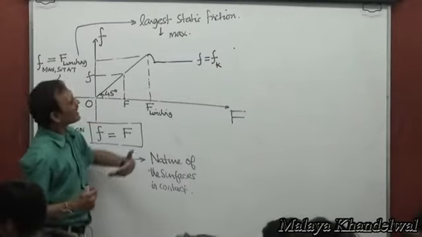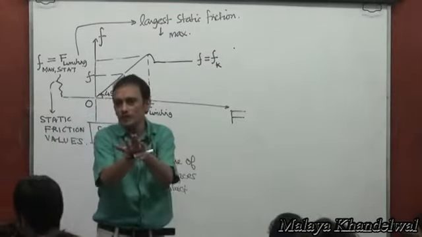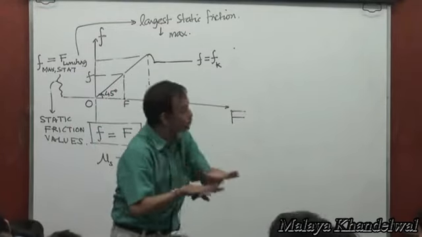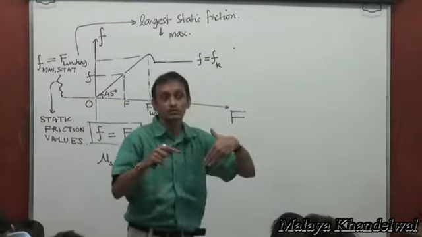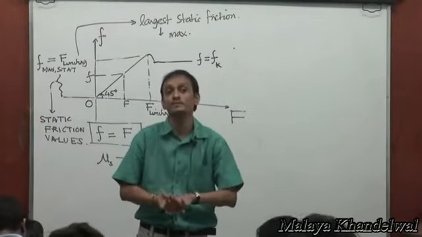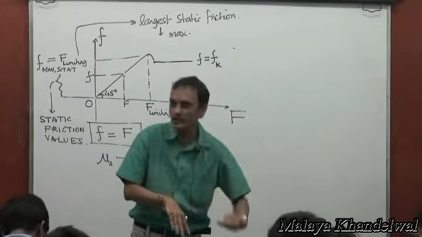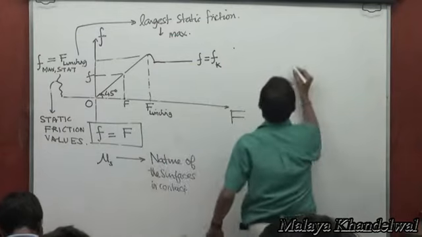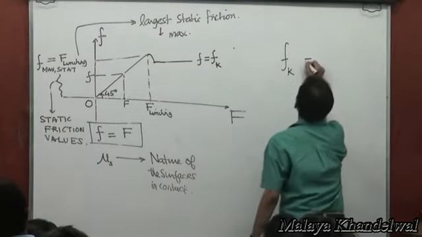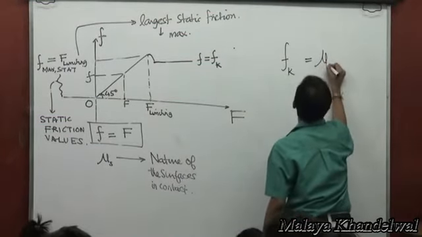The kinetic friction again, which is the frictional force between a body and a surface when there is relative motion between the two. In the event there is relative motion between the body and the surface, then this kinetic friction again empirically has been found to be equal to some constant which is called mu k.